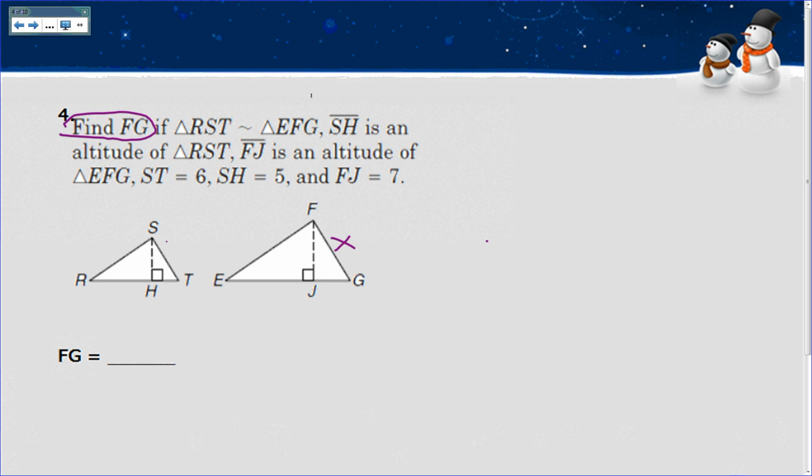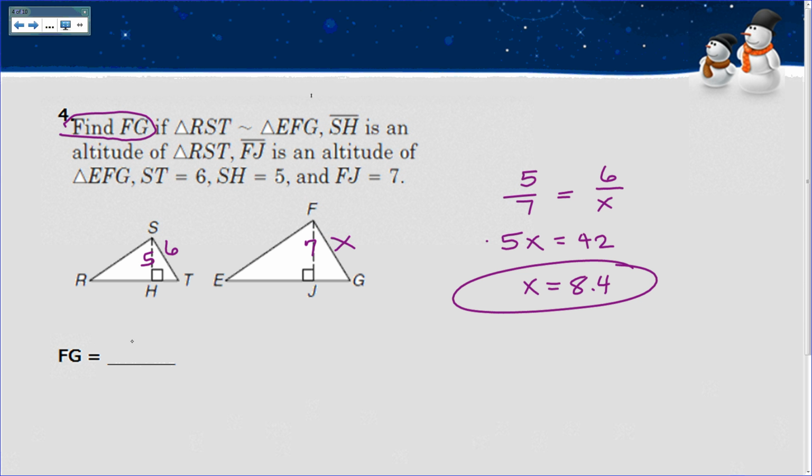So if ST is 6 and SH is 5 and FJ is 7, then all you do is pair them together. The altitudes go together. 5 over 7 pairs with 6 over x. 5x equals 42. So divide by 5. x is 8.4. So FG is 8.4. Since my x is FG, that's the same answer.